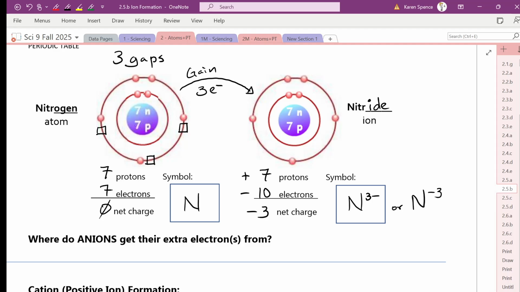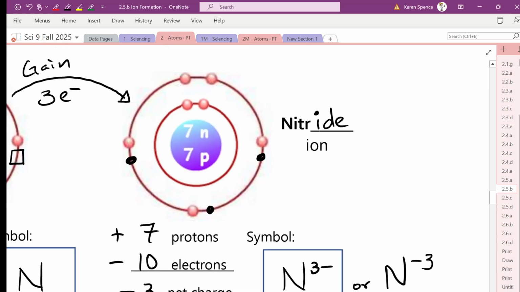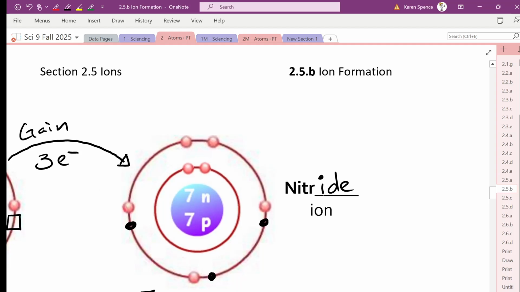Now, there's one thing missing from all of these Bohr models that I have not told you about yet. When we have an ion, do you see how, sorry, I should put my electrons on here. I forgot to draw those on. It does not show the charge yet, right? That Bohr model doesn't actually show the charge. What we do is we put square brackets around the whole thing.